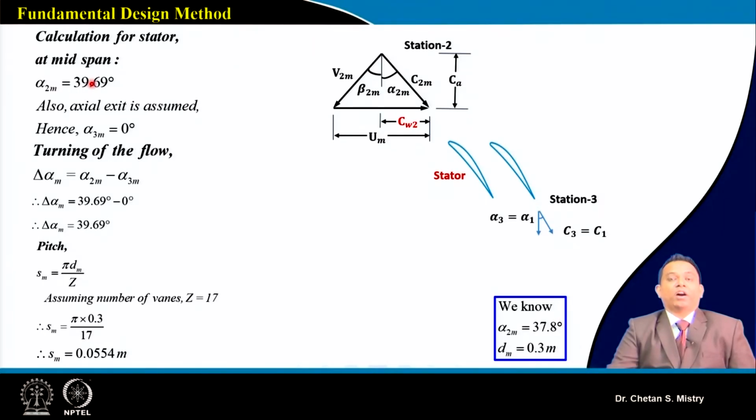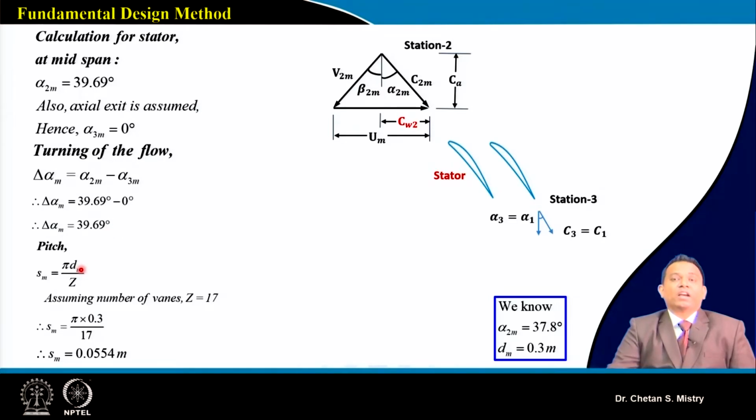For the earlier calculation for free vortex, we had taken at the mid station a pressure of 1000 Pascal, and here it is 1070 Pascal, and that's the reason our delta alpha will be different at the mid station. So you need to be a little careful in doing the calculation. Once we calculate this delta alpha, it is coming 39.69.